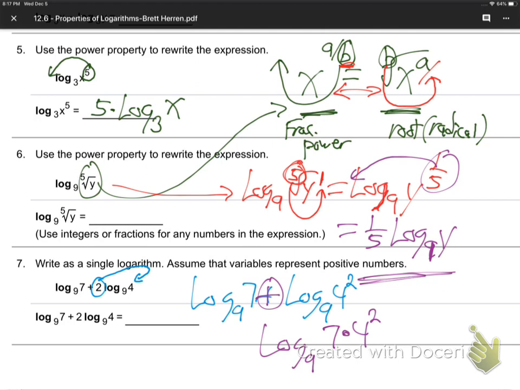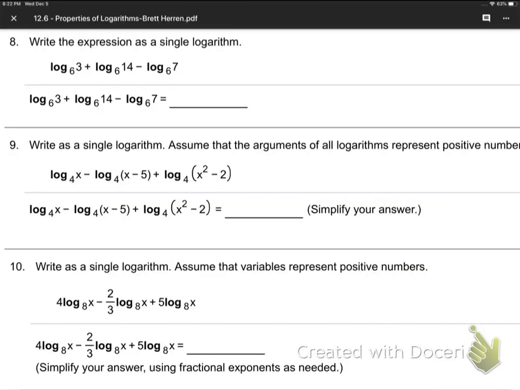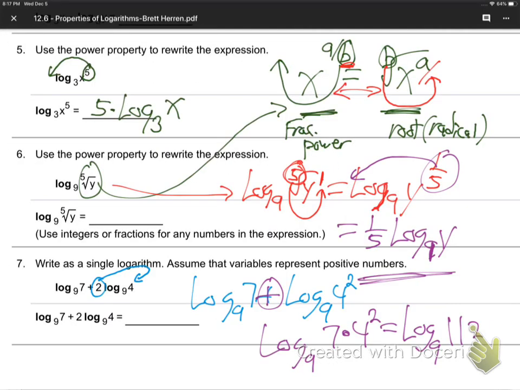Harder job for 1 log, multiplication. And then multiply that out, that's log base 9 of 7 times 16, what is that? 70 and 42, 112. So it's log base 9 of 112. There we go.